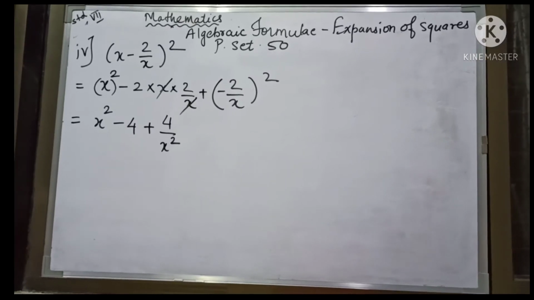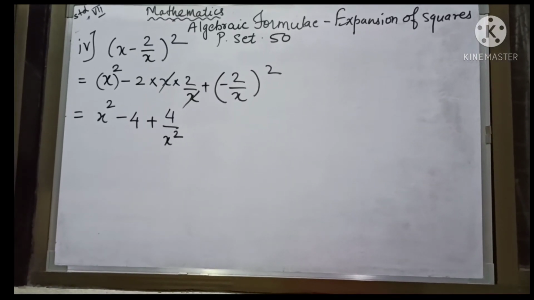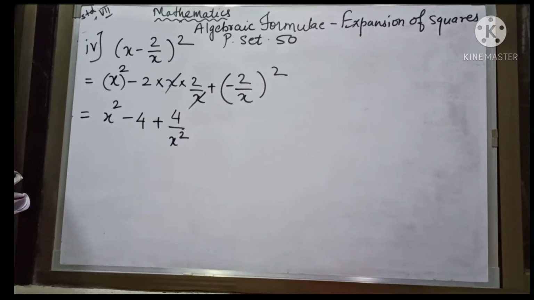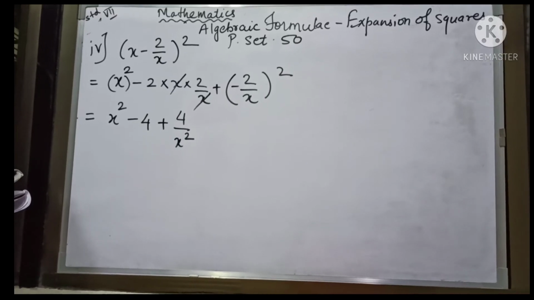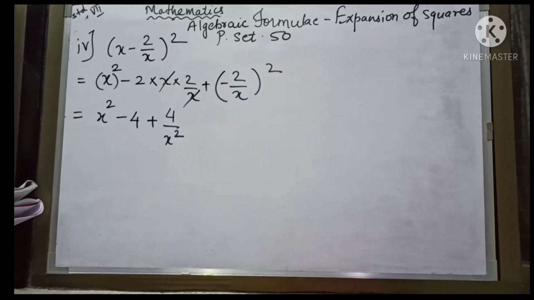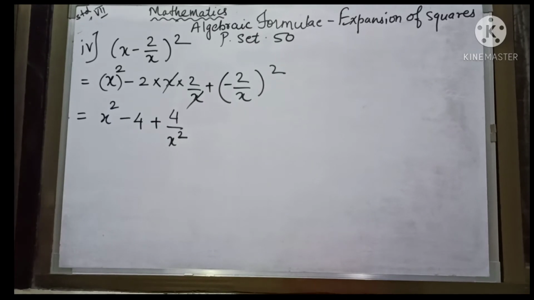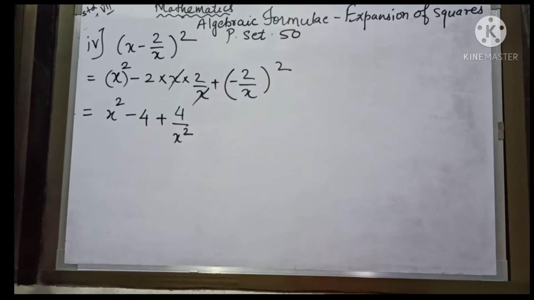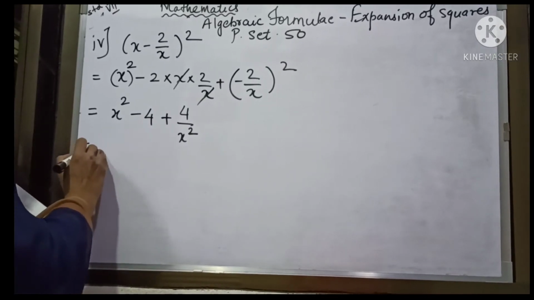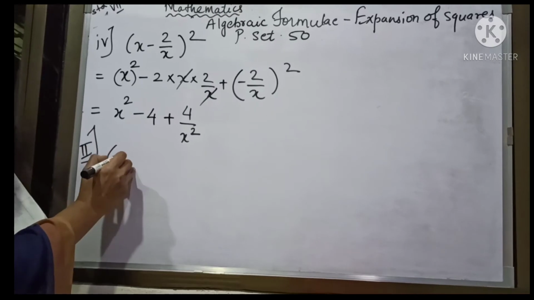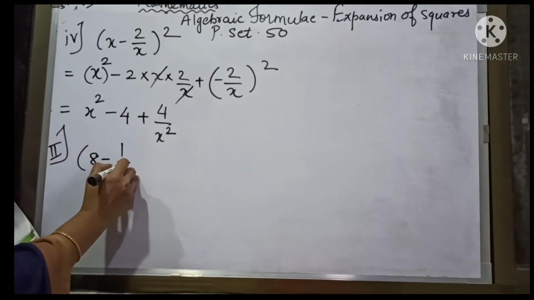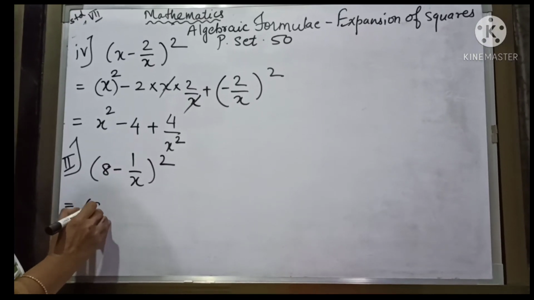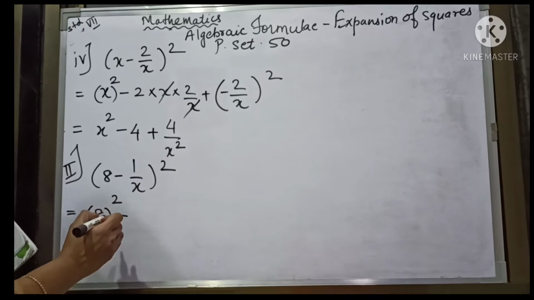Now let us solve the second question. Which of the options given below is the square of the binomial (8 - 1/x)? They have given you 4 options. You have to find out the expanded form of this binomial. So let us find the expanded form of (8 - 1/x) whole square. So first term square, it will be 8 square minus 2AB.